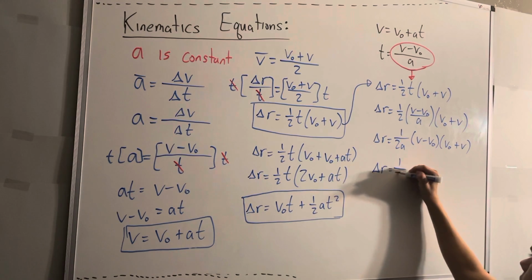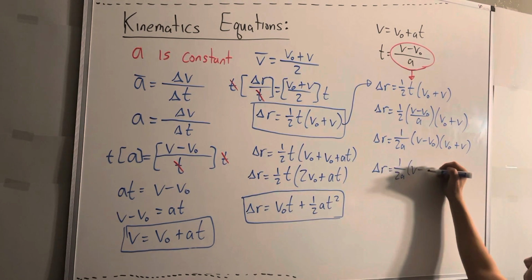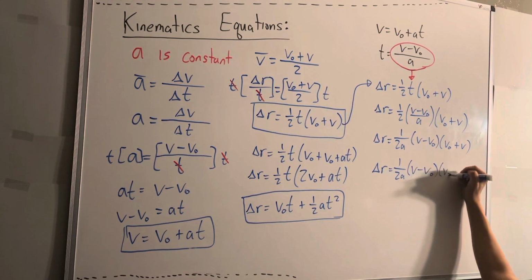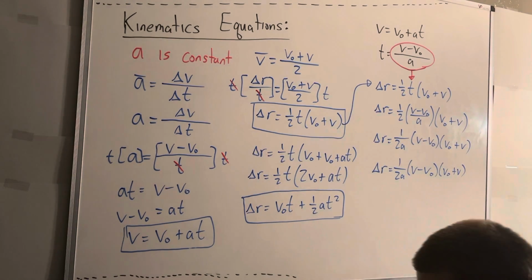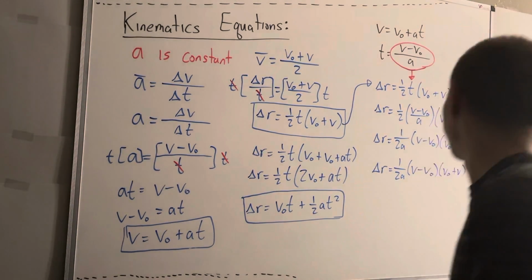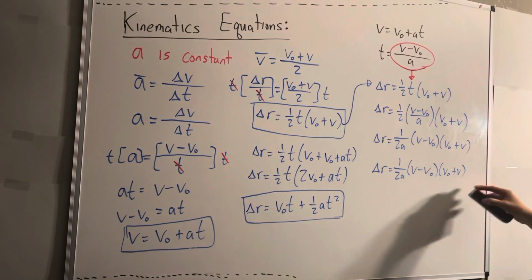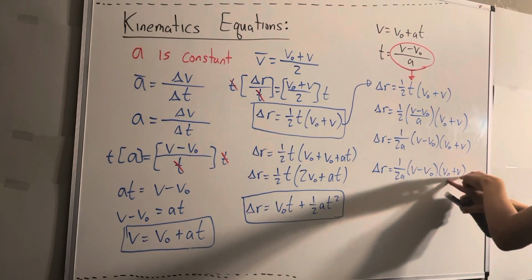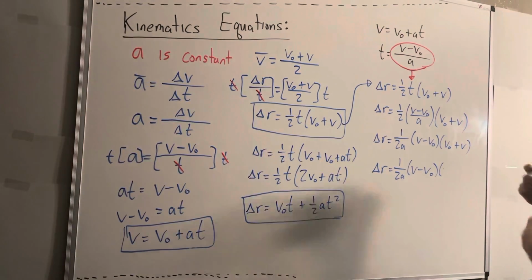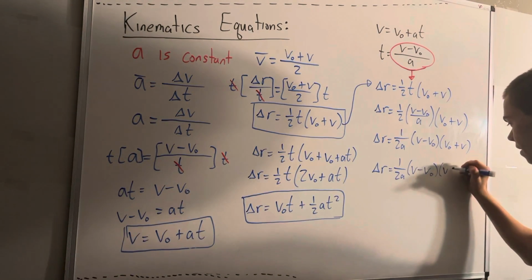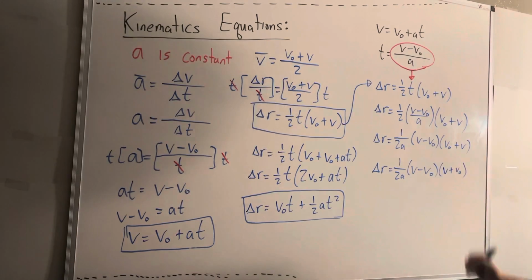But check this out. We know that v sub 0 plus v, we could just use the commutative property and switch these around, so it's the same thing as v plus v sub 0.